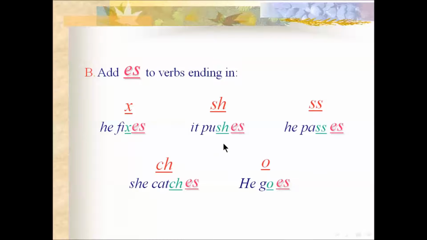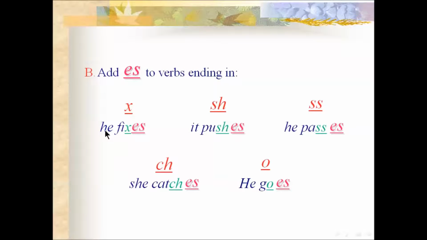That's what I want you to remember. Every verb ending in x, ending in sh, ending in double s, ending in ch, and ending in o needs es when the verb is used with the third person singular.